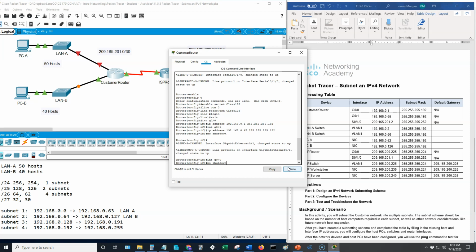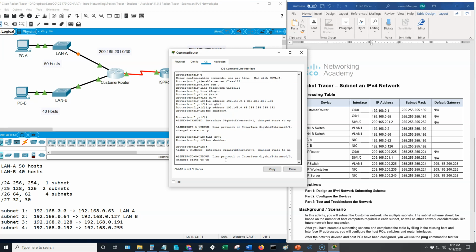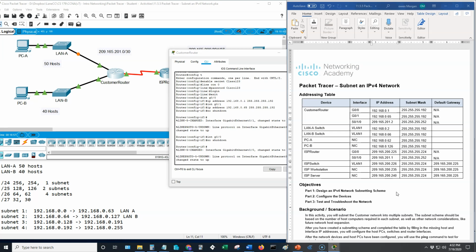Oops, it looks like I had them backwards, so I'm going to have to fix. You notice here that this came up, so I've got the IP addresses backwards. So this is a good opportunity for me to fix this before I turn on the other one. So let me go back to, actually no, interface G0/1. That is the correct one. Great, I did have it correct. So let me turn on the other interface. Alright, so we have the interfaces up and running now.